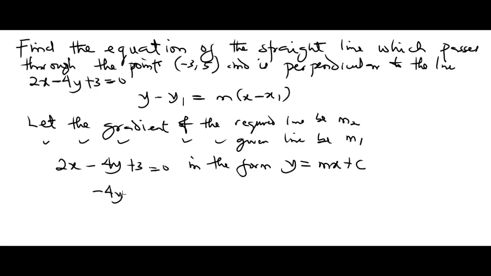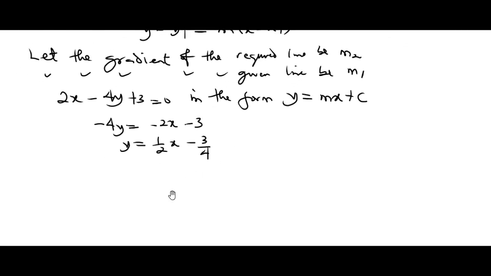So 4y equals 2x plus 3, and y equals half x plus 3 over 4. Now I can say that my m1 is half. So the slope of the given line is half.